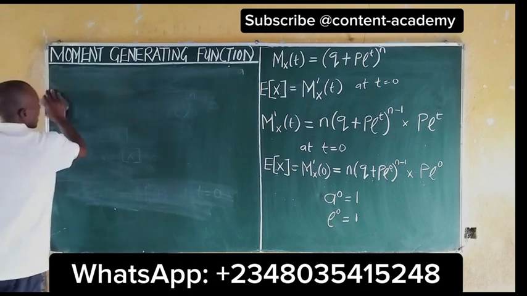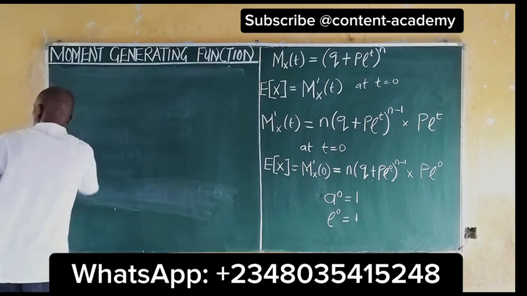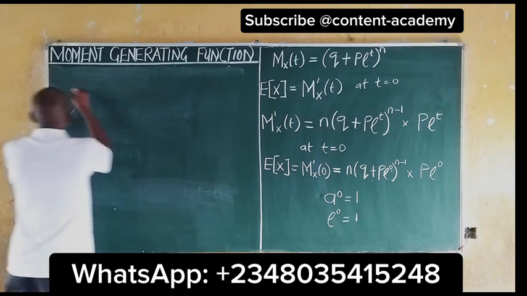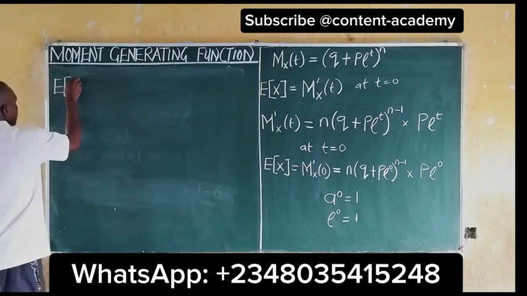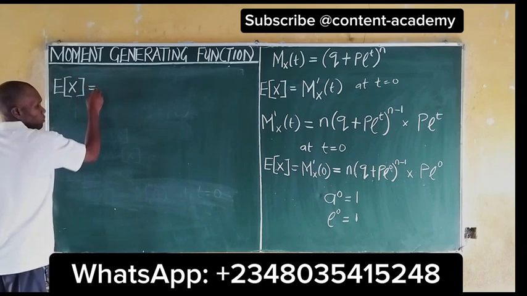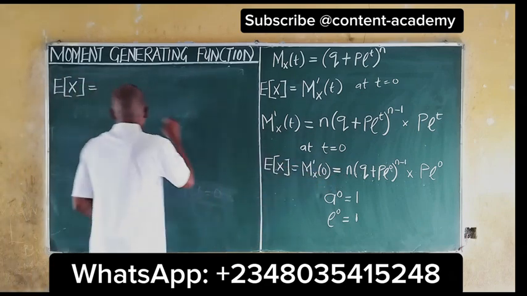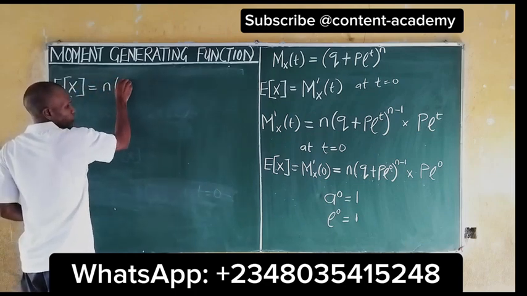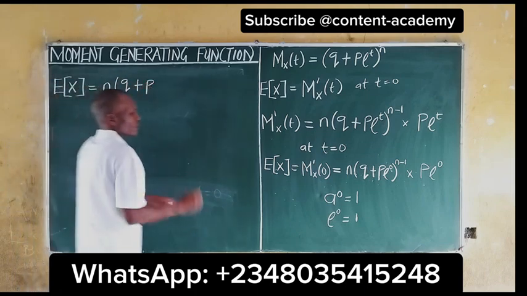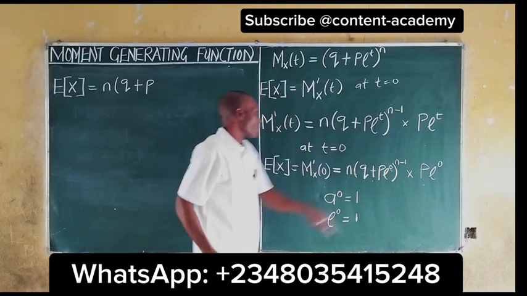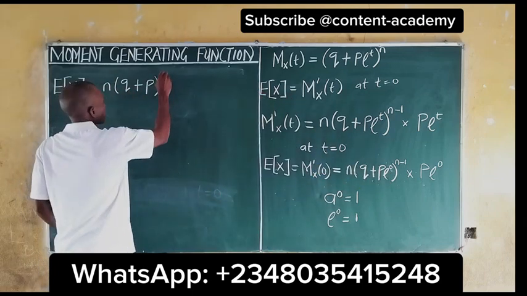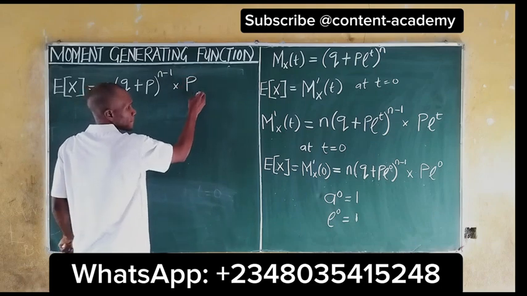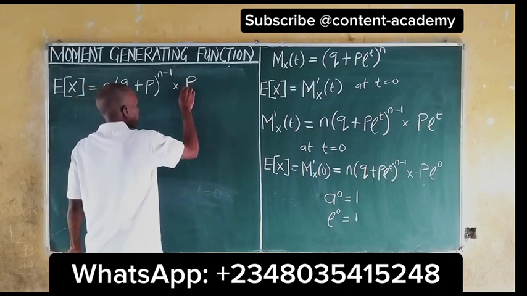So, what is now our expectation of X? Our expectation of X will be equal to n into (q plus p), of course, e^0 will give us 1, raised to the power n minus 1 multiplied by p.